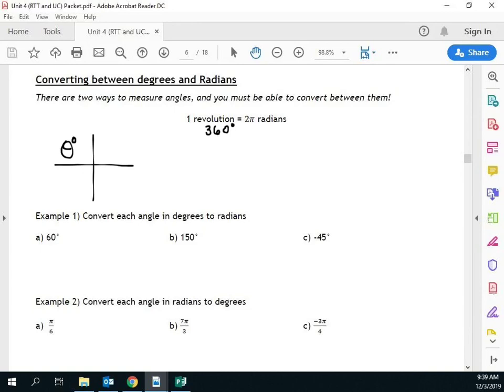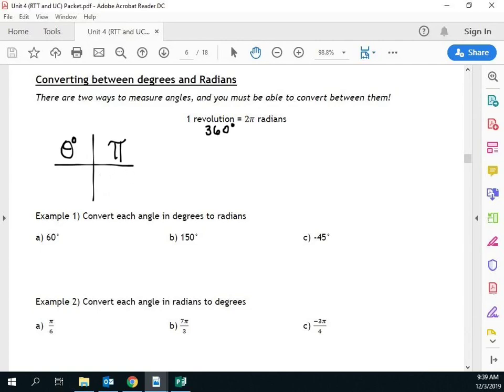So we come over here, we put 360 down below, because they'll cancel out. Oops. And you put pi there. No, sorry guys, pi is there. This needs to be 180.